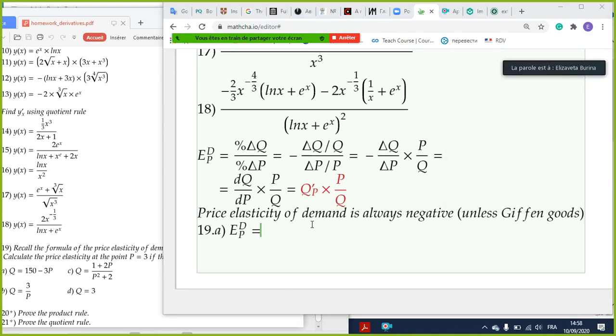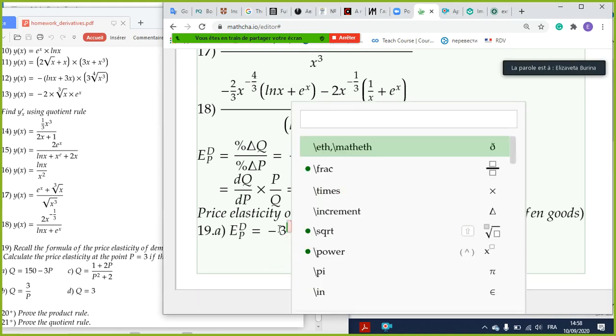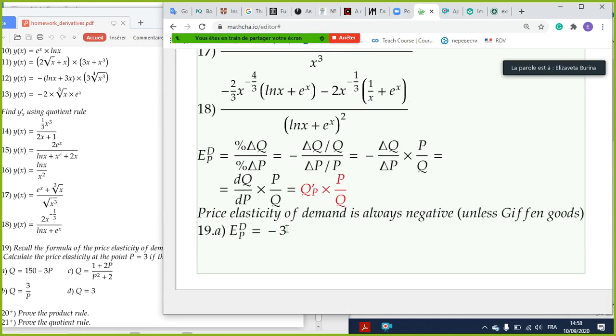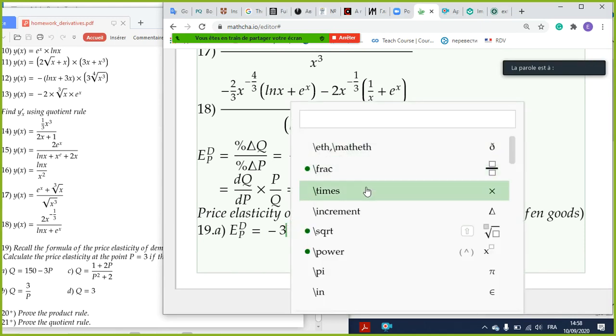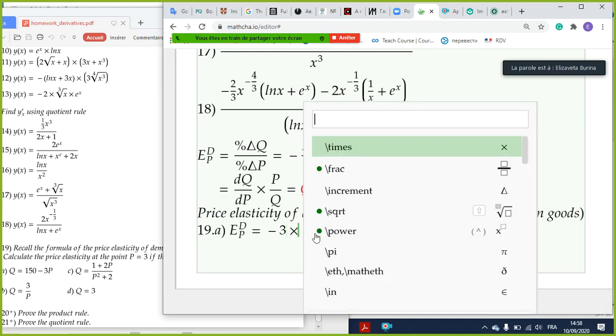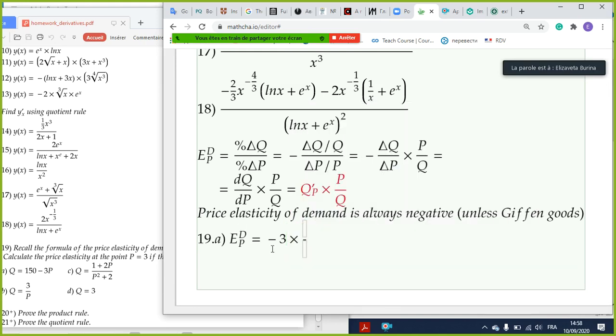So it's minus 3, times a fraction. And a fraction of what? So I gave you the point, so p equals 3, just to get elasticity as a value, so as a number. So if p equals 3, then q equals what?